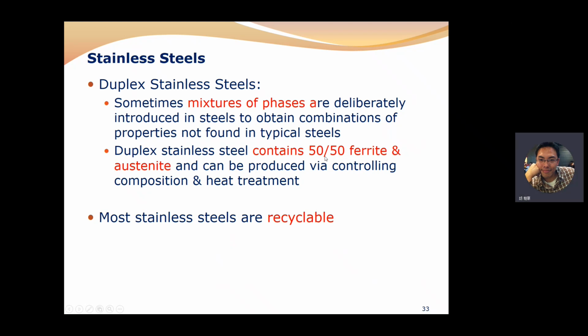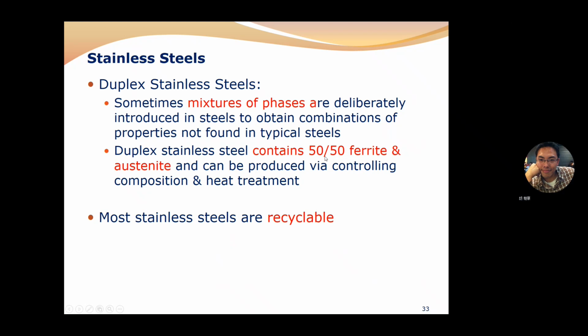Well, as we know, what is austenite? It's a solid solution, right? It's a solid solution. Okay, and duplex stainless steels contain 50-50 and can be produced via controlling composition and heat treatment.